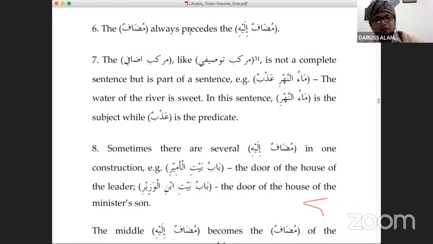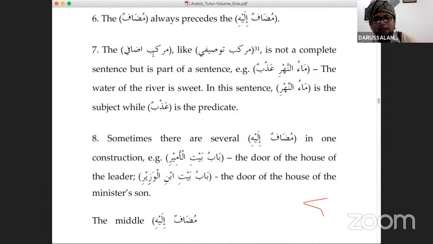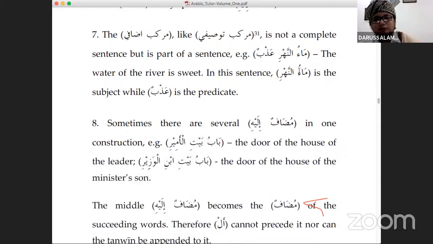Jadi kalau kita sebut buku Zaid, ayat tergantung. Faham? So it must instead be part of a sentence. You must say, for example, ma'un nahri, air sungai. Apa ayat tergantung kan? So, ma'un nahri azbun. Then that will make sense. The water of the river is sweet. Air sungai itu manis. Itu baru ayat sempurna.